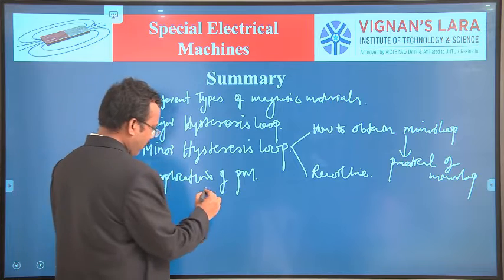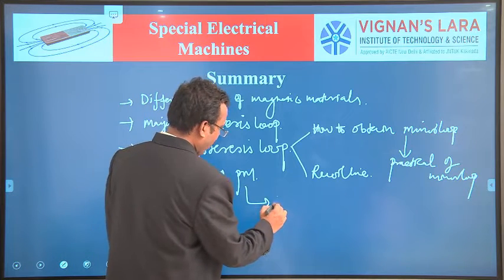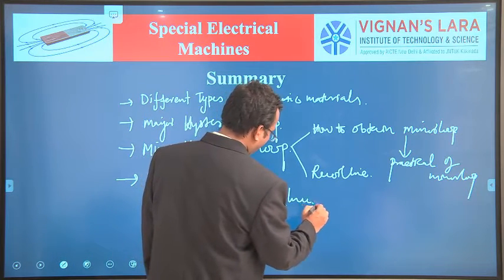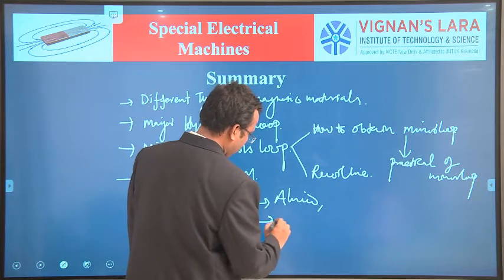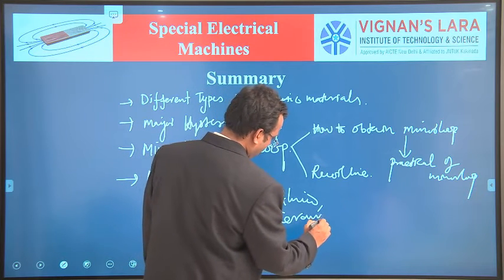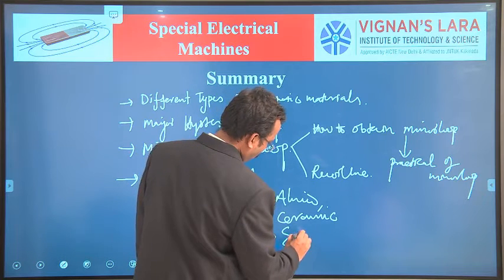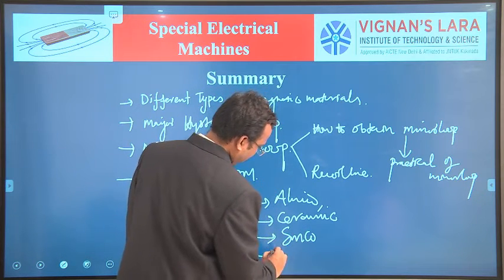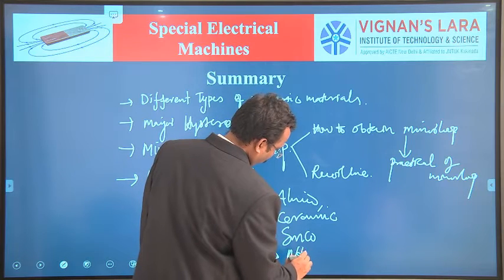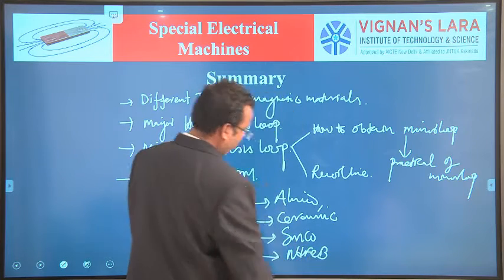We have four types of permanent magnet material. Alnico. Second one is ceramic. Third one is SmCo. And the fourth one is neodymium, iron, and boron.